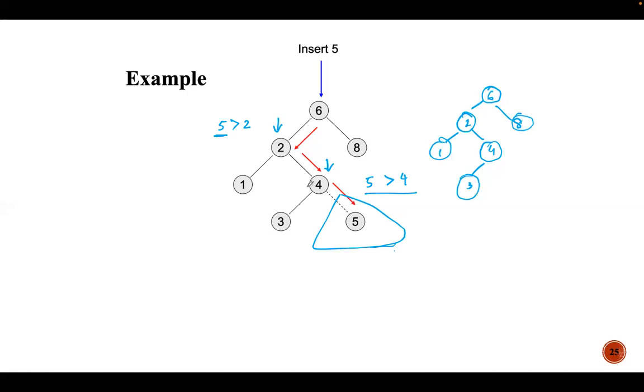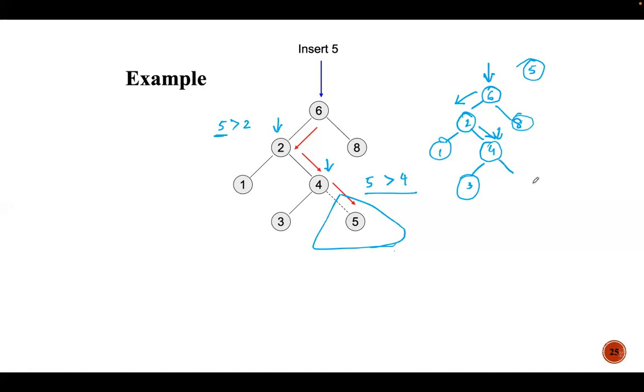Now, this is actually the tree after we inserted 5. In this tree, you can see that we started from 6. Go to the left, 2. Now 5 is greater than 2, so go to the right, 4. 5 is greater than 4.